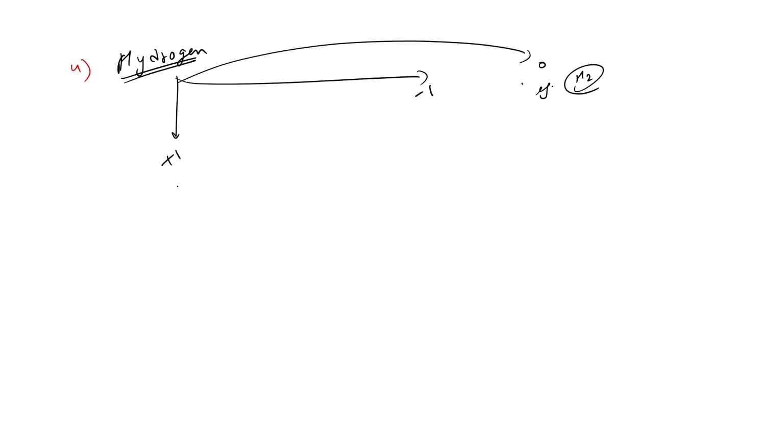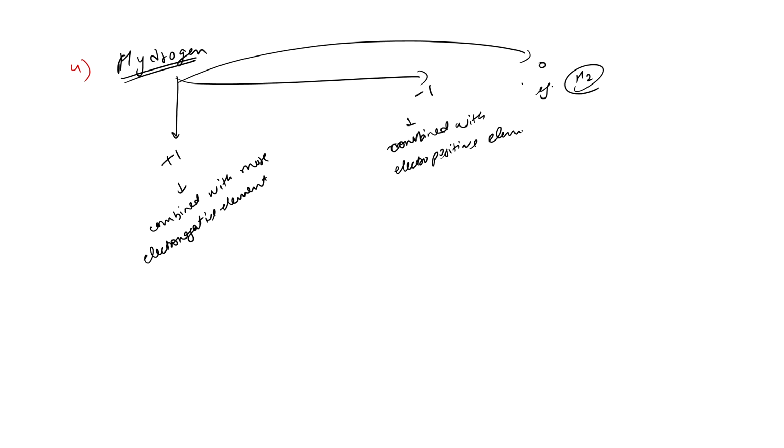Now, when will it be +1? It is +1 when combined with a more electronegative element, or -1 when combined with an electropositive element, or say a less electronegative element.